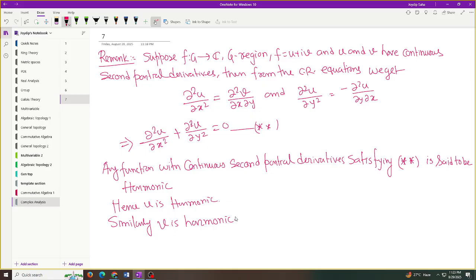So, if f is analytic, then u and v are such, and it is given that u and v have continuous second partial derivatives, then u and v are harmonic. Okay.